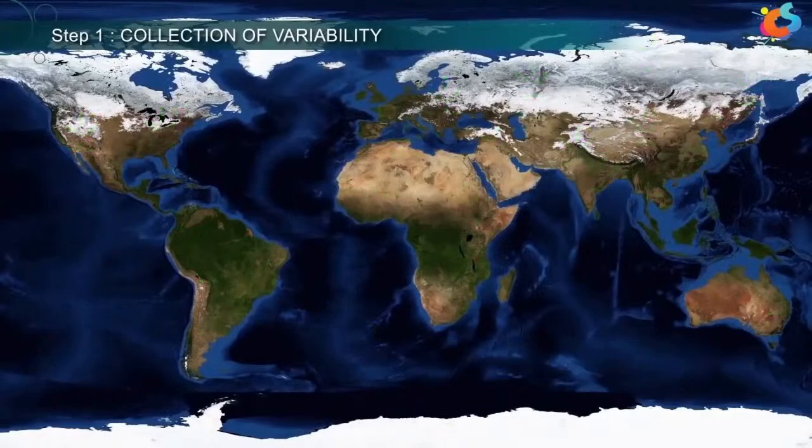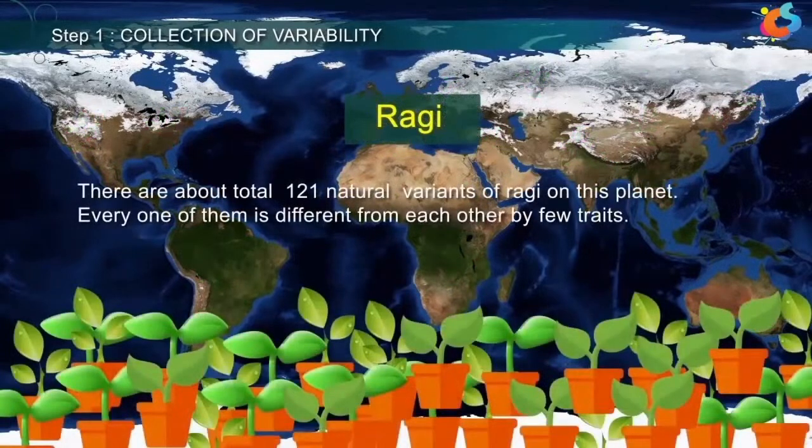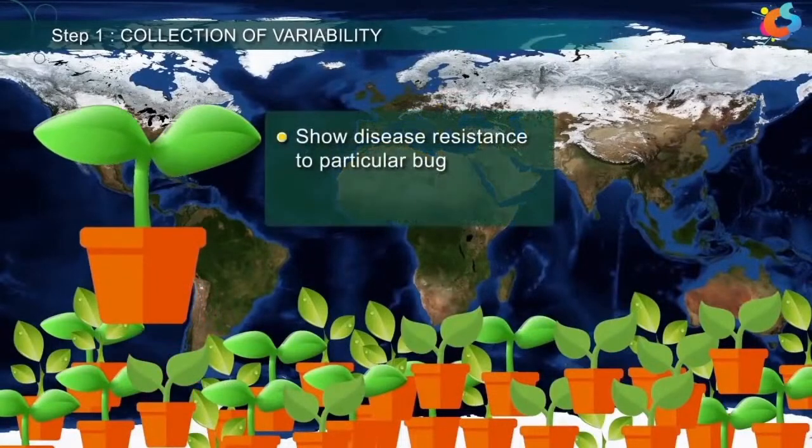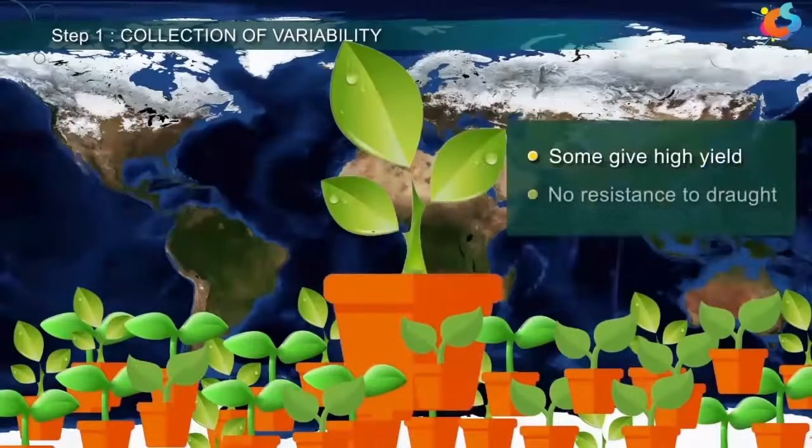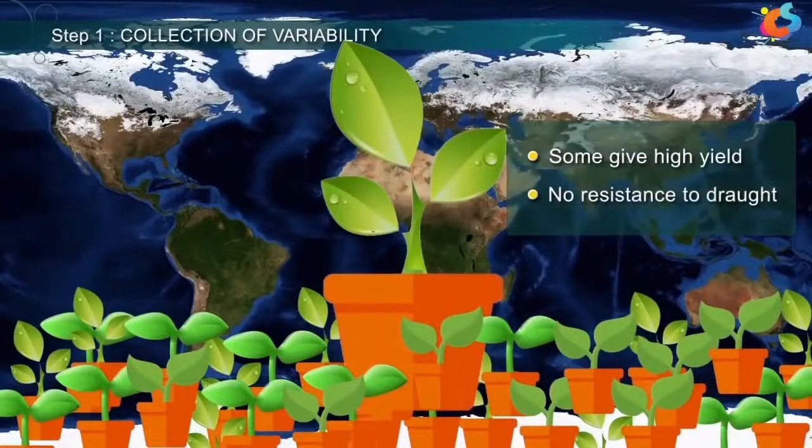For example, ragi. There are about total 121 natural variants of ragi on this planet. Every one of them is different from each other by a few traits. Some show disease resistance to a particular bug and show drought resistance. Some give high yield and no resistance to drought.